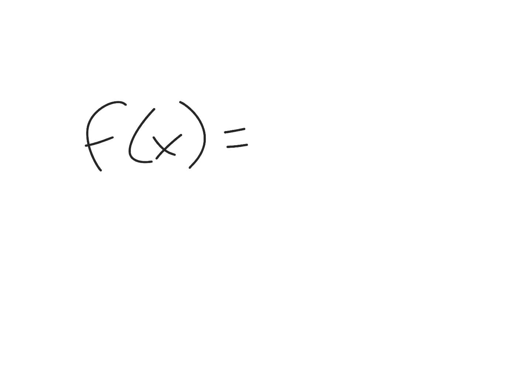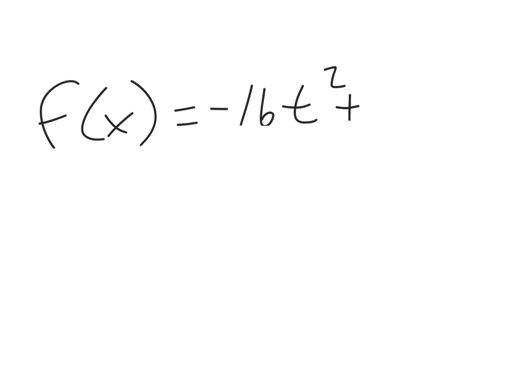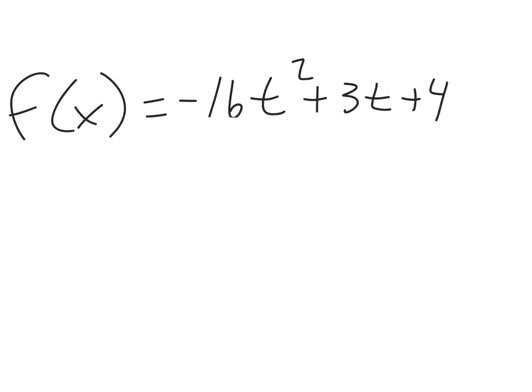Okay, so that was the biggest problem last night, is people had an equation like this. Everybody write this one down. Negative 16t squared plus 3t plus 4. And I think the easy questions weren't that bad. They were like, so how fast did he throw the ball? Do you guys know which of these 3 things is how fast he threw the ball? That one. Maybe you should write it down, because that's one of the things I taught you yesterday.